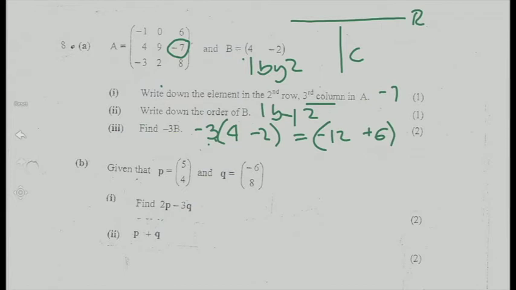Given that P is 5, 4 and Q is -6, 8, find 2P minus 3Q.